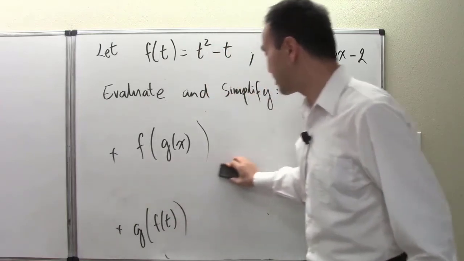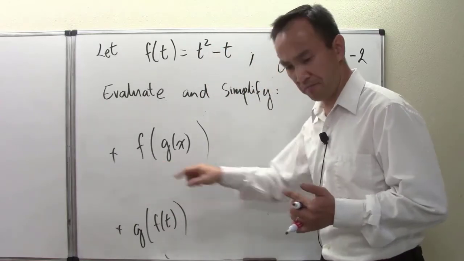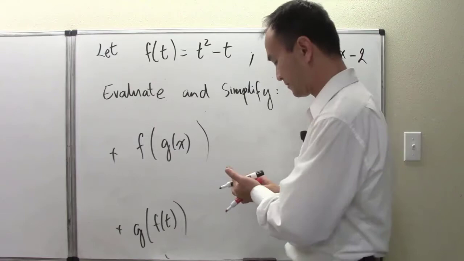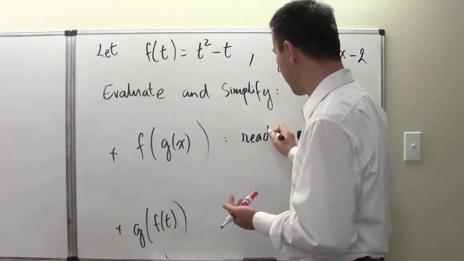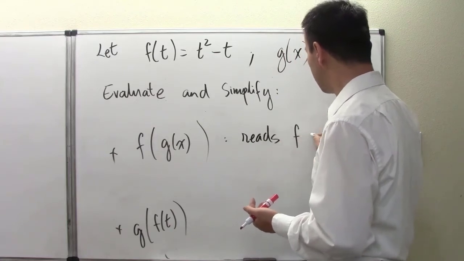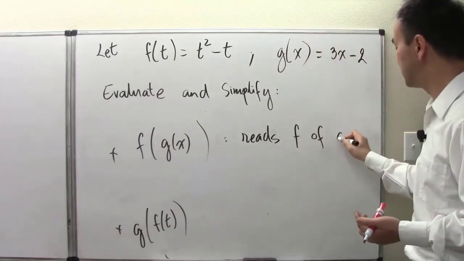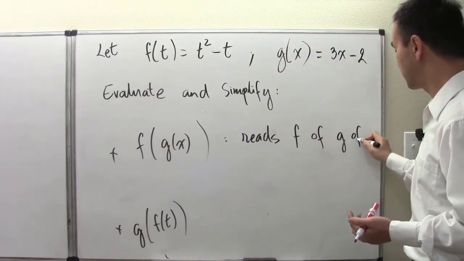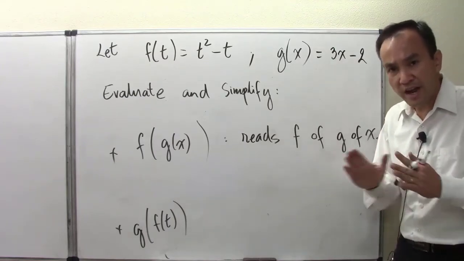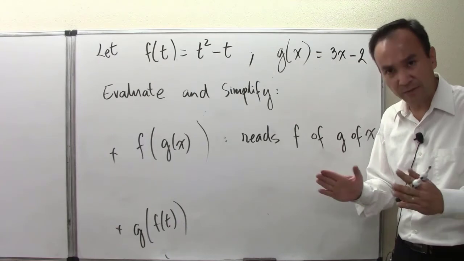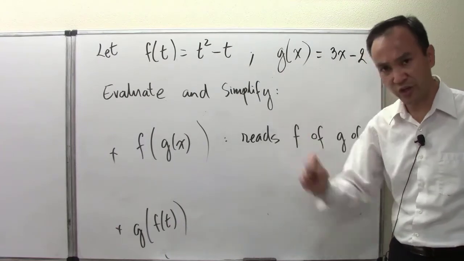Okay, so in this way, the way how it reads, this one here clearly reads f of g of x, just straight out from our understanding about how we read function notation.